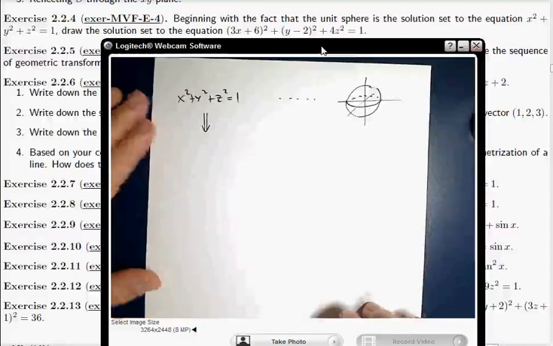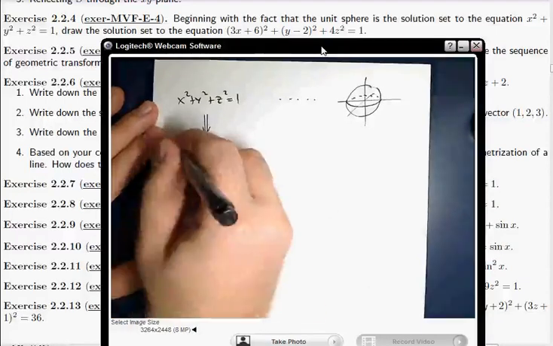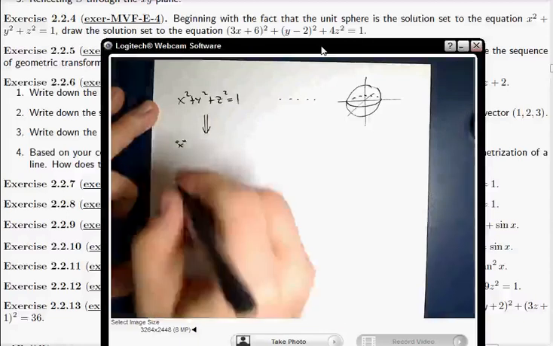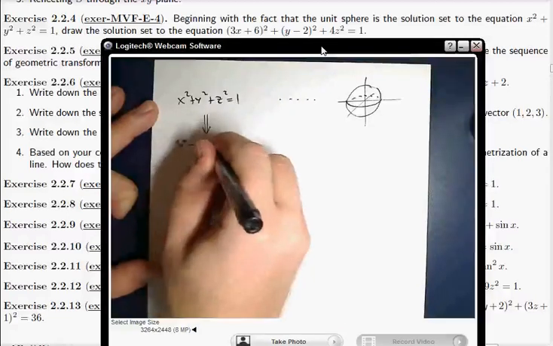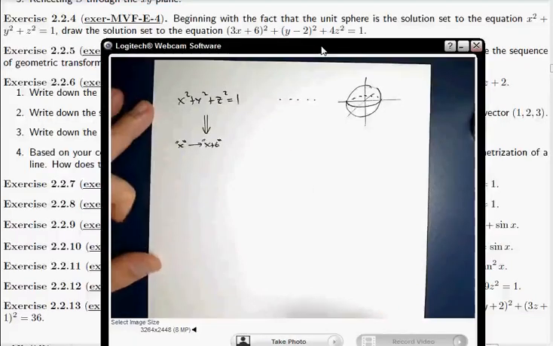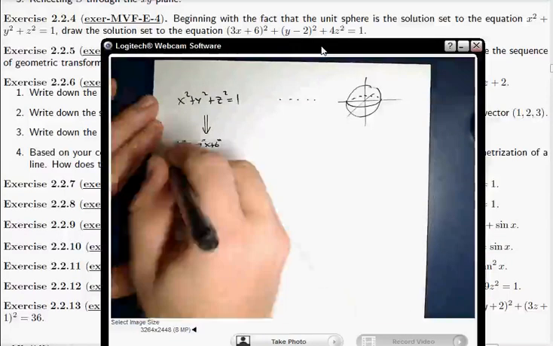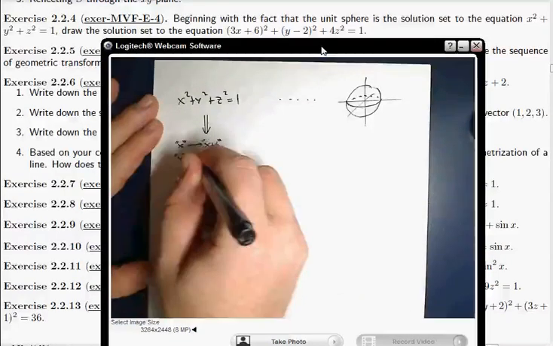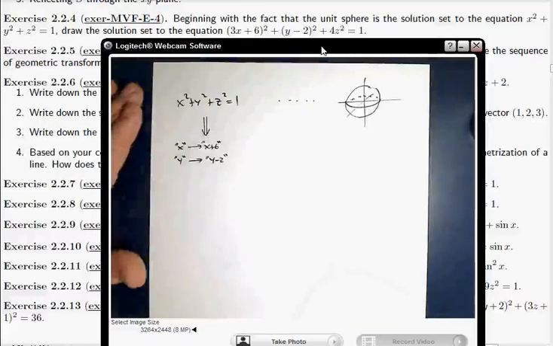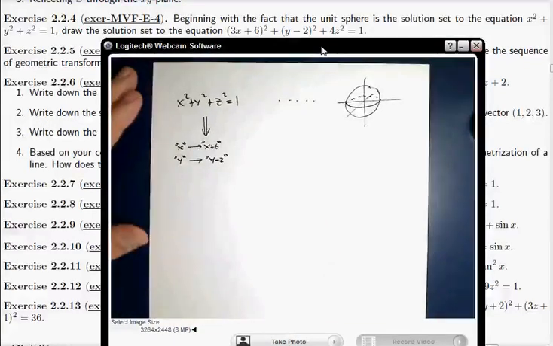The first thing I'm going to do is replace everywhere I see an x with x plus 6. And that seems backwards. You'll see why in just a second. And by the way, at the same time, I'm going to replace y with y minus 2, because those don't affect each other.